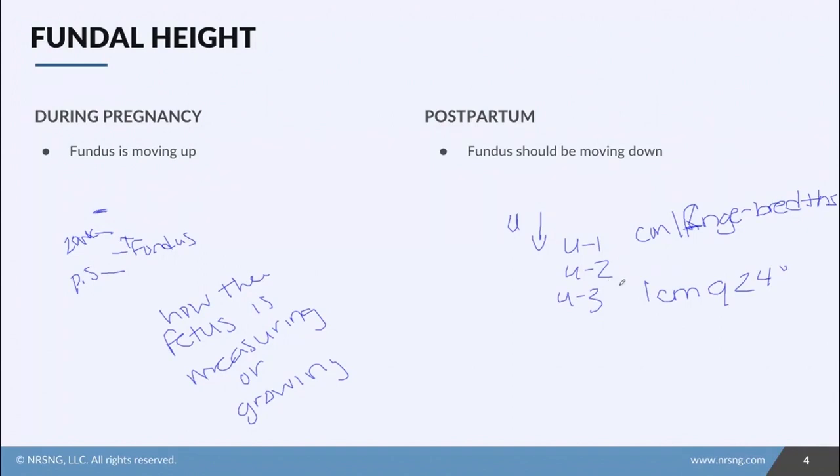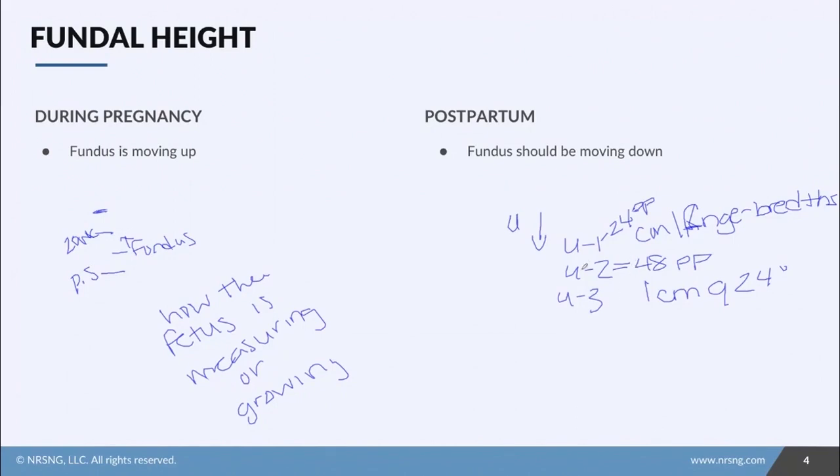So if she is at U-2, we would expect her to be 48 hours postpartum. This would be a whole other day, okay? This would be 24 hours postpartum, her U-1.